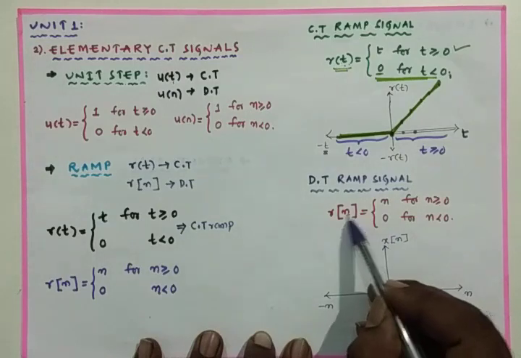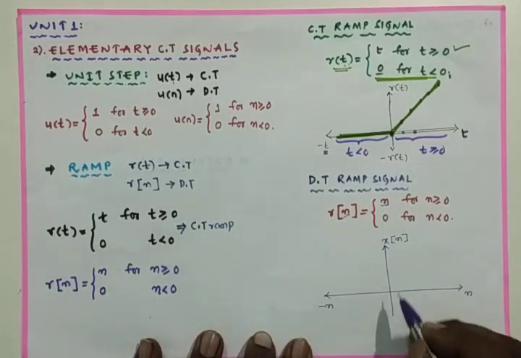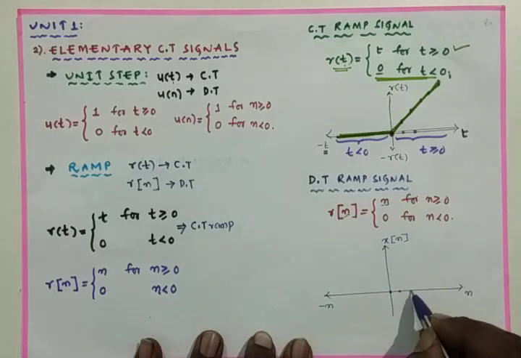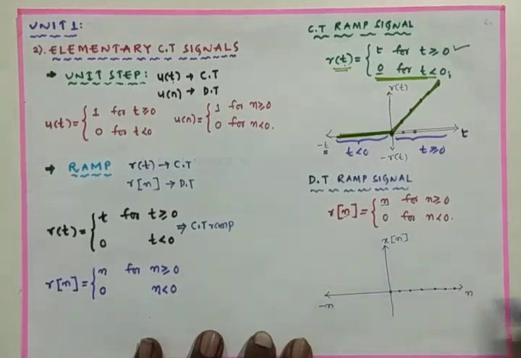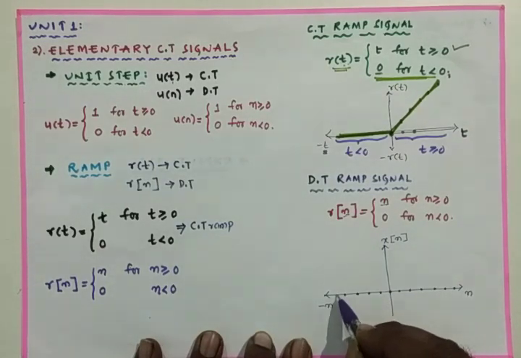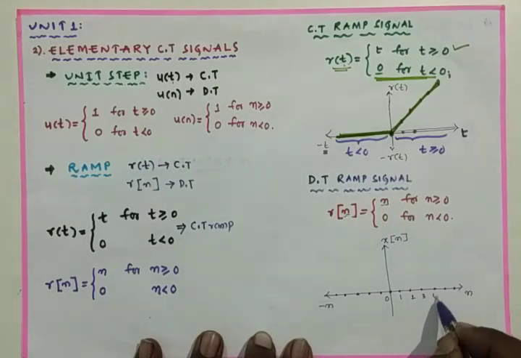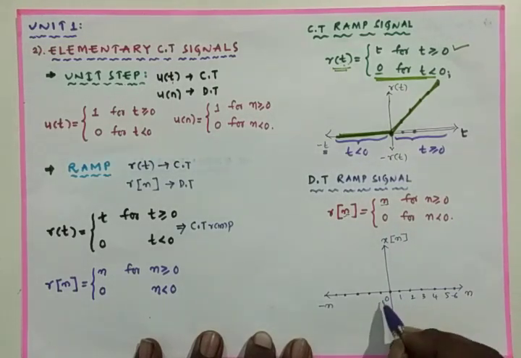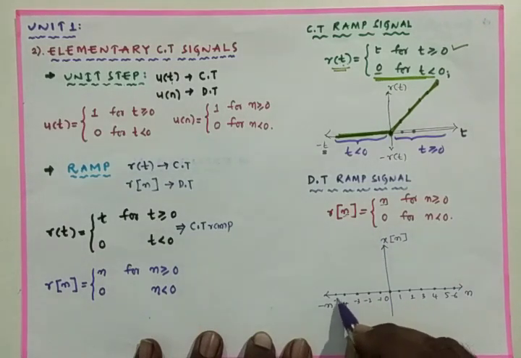N is an integer, so I am taking all the possible integer values of n. This is 0, 1, 2, 3, 4, 5, 6 and so on. Then here I can take minus 1, minus 2, minus 3, minus 4, minus 5.